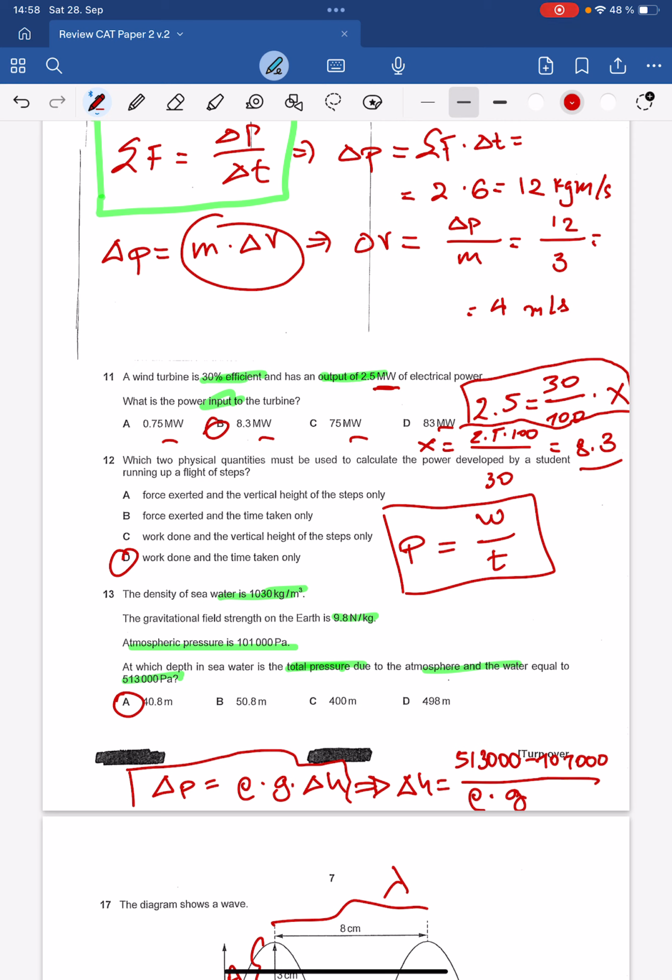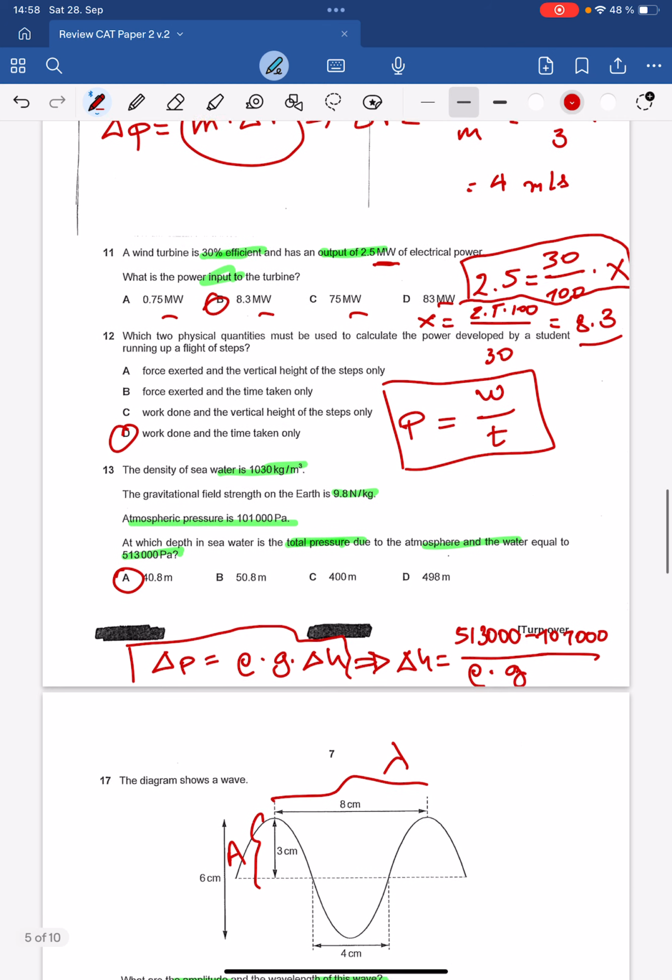So what's the change in pressure? It's 513,000 minus 101,000 pascals, divided by rho times g. You plug that into your calculator and you should get 40.8 meters. Again, this should have taken you a bit longer to solve.